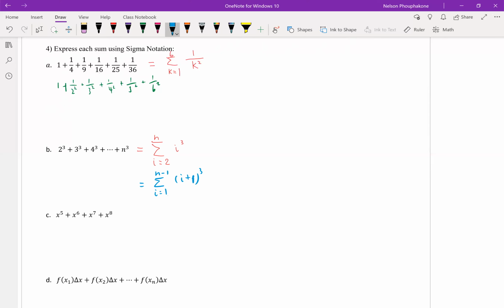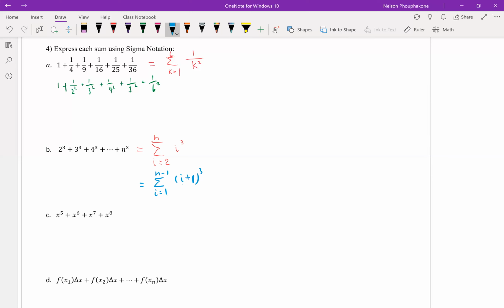If i equals 2, I have 2 plus 1 is 3, 3 to the q, right? And how about n minus 1? n minus 1 plus 1 is just n. So basically, this is okay. And most of the time we like to have i starting from 1, so that's why sometimes you create a summation notation this way.